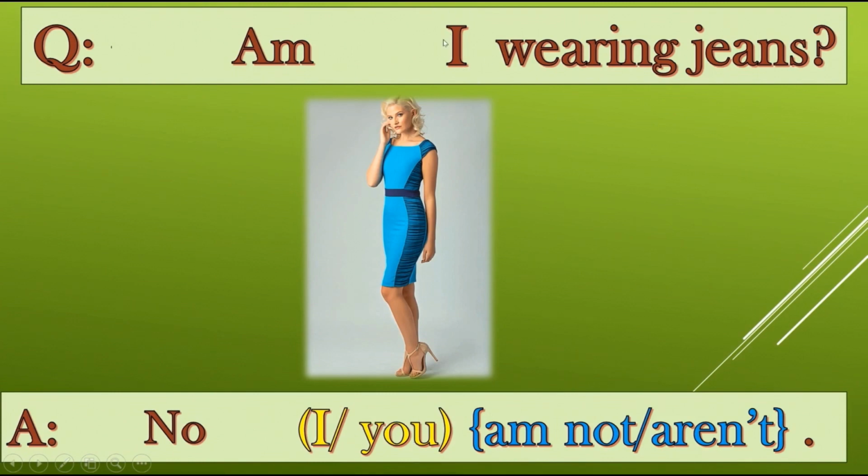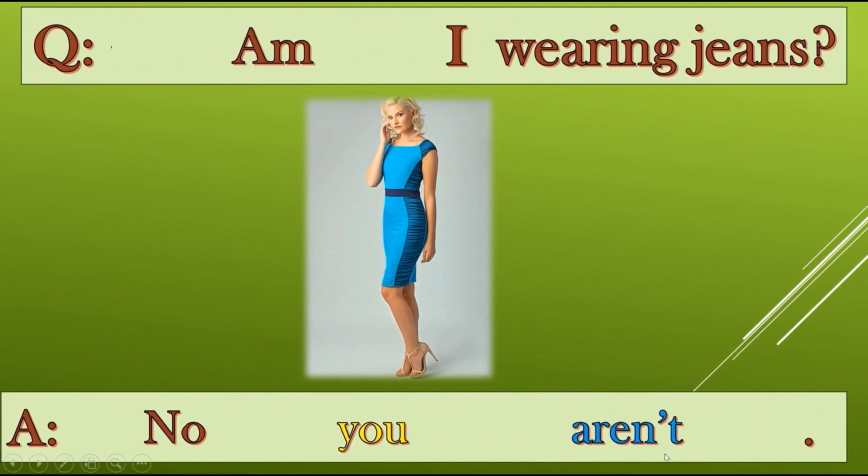The subject in the question is I. So the subject in the answer is you. Okay? So it's a negative answer. It's no. Therefore, the verb to be is what? Am not or aren't? Remember, the subject here is you. So, the answer is aren't. Okay, so everybody read. Am I wearing jeans? No, you aren't.